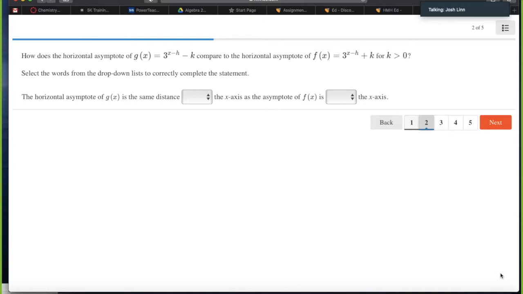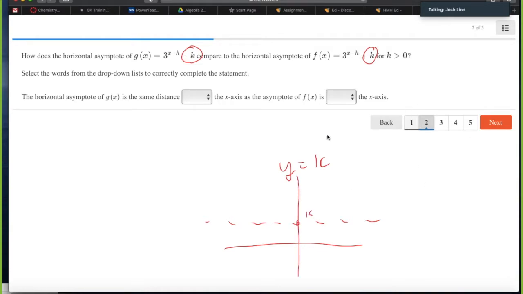So then let's see, this says, how does the horizontal asymptote of g of x compare to the horizontal asymptote of f of x? Select the words. So let's see here, g of x is a negative k, f of x is a positive k. So remember, our y equals k is our y asymptote. y equals k makes a horizontal line at k.